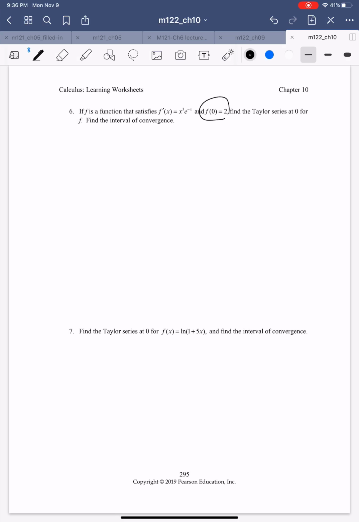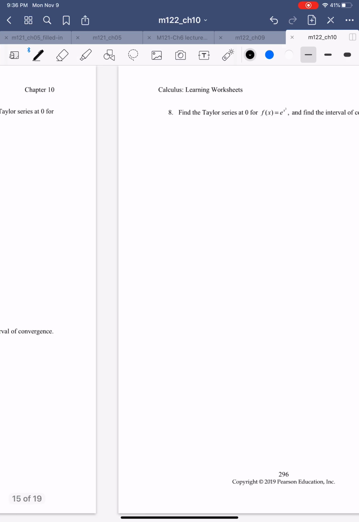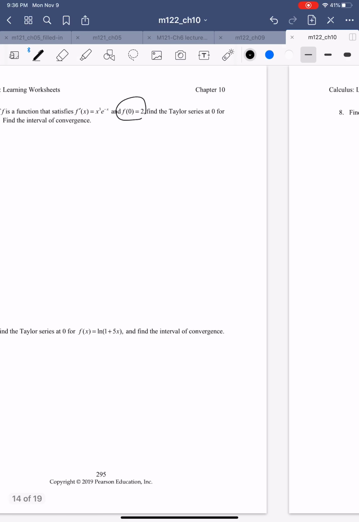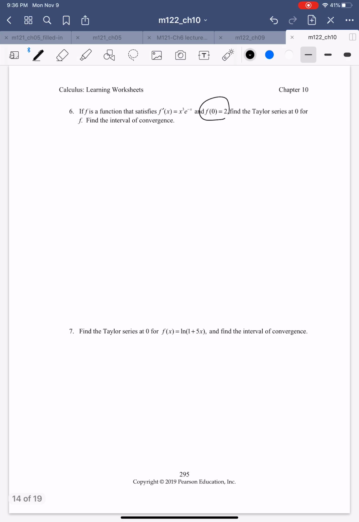I'll do number 6, and then you can try number 7 on your own. So let's try number 6. Also you're given a derivative function. In order for us to write just f, we need to take the antiderivative, right? Because I need to come up with f, and you're given f prime of x. So that's one thing that's a little bit different in number 6.